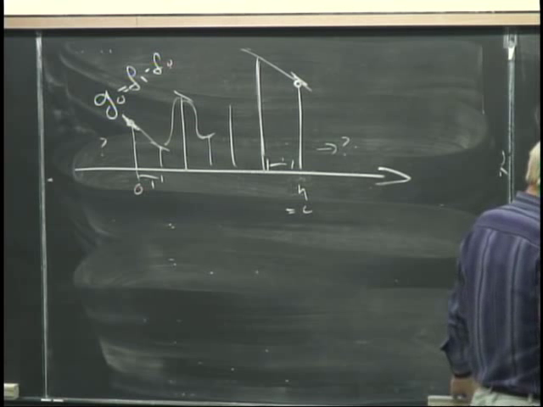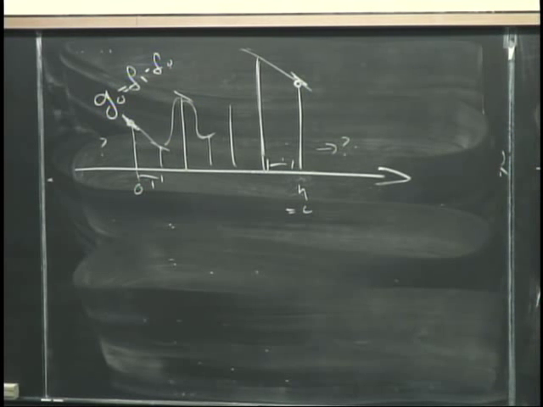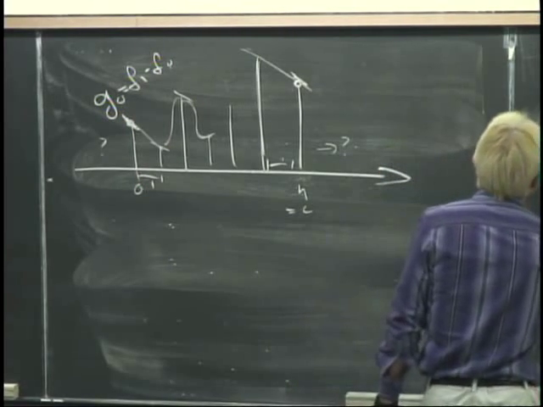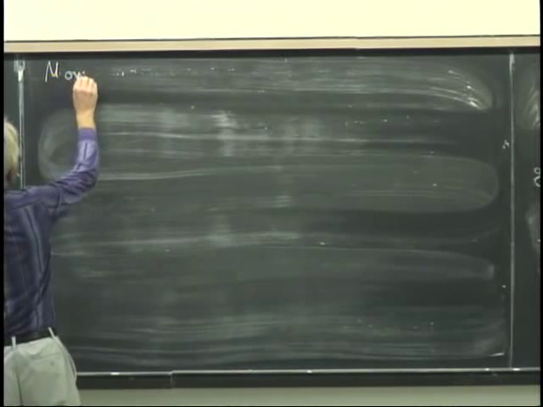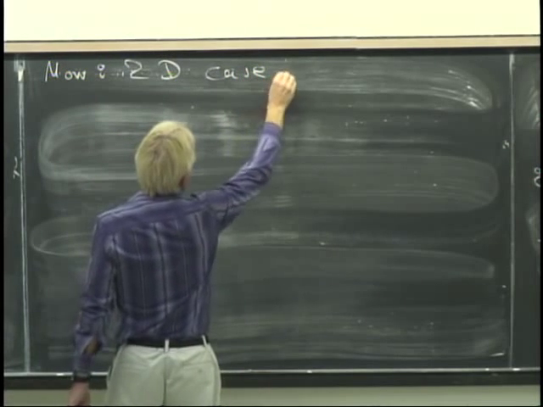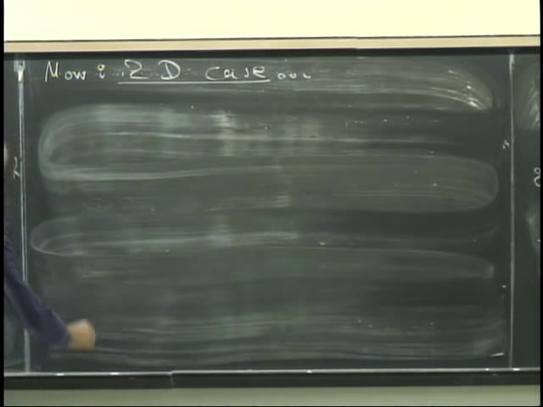All right. So now we go to the 2D case. And I can do the 2D case very quickly because it is just the intermediary step to getting to the 3D case quickly. Now the 2D case. I can still draw that somewhat.